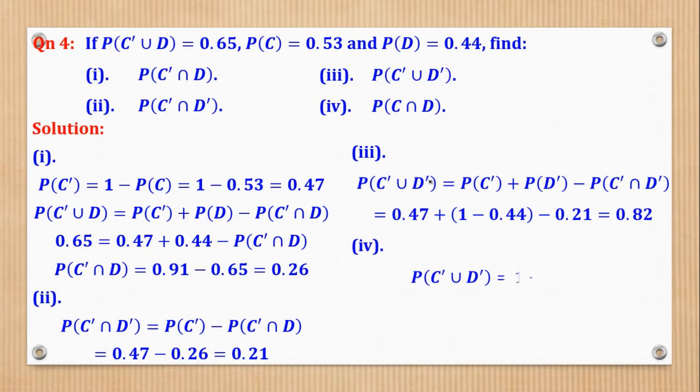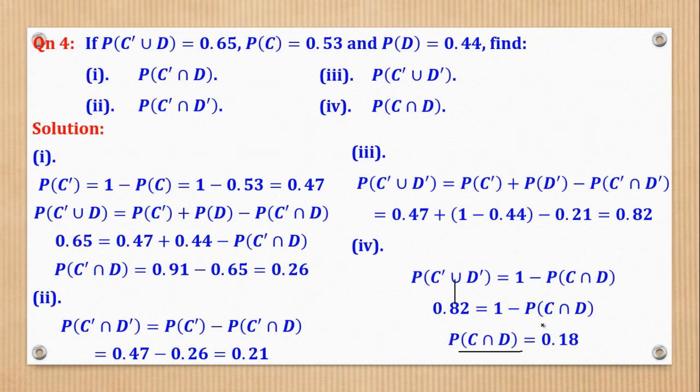Then Roman 4, they want C intersection D. So remember that I already know that this is equal to 1 minus this. Therefore, I substitute for this and make this the subject, and in the end I'll come up with 0.18.